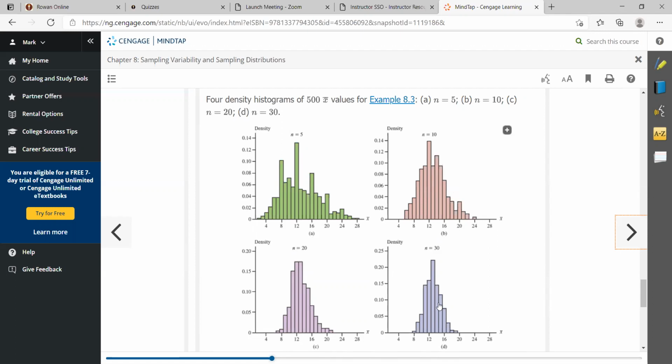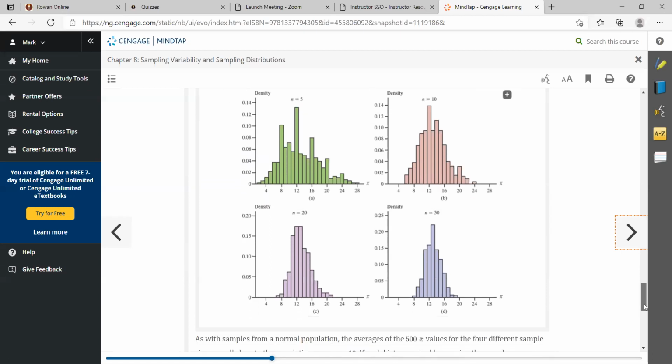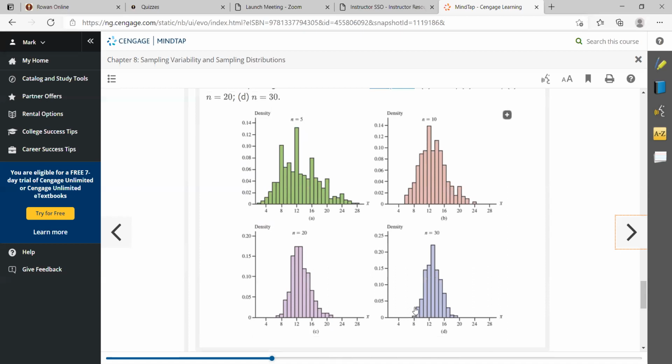And actually, as we'll find out, 30 seems to be that magic number. When the sample size is 30, even if the original population is skewed, we can say the sampling distribution is approximately normal. All right, and that seems to be the minimum sample size. Now, it does vary from different fields of different subjects like sociology, psychology, chemistry.